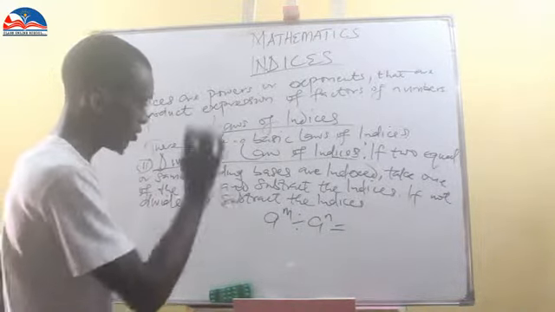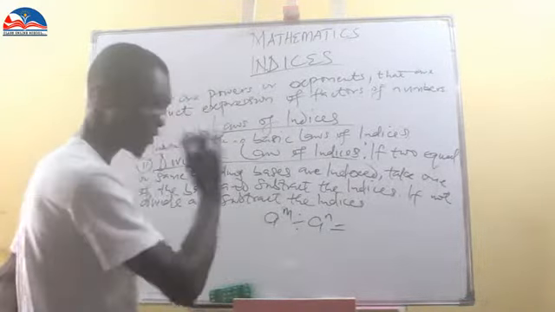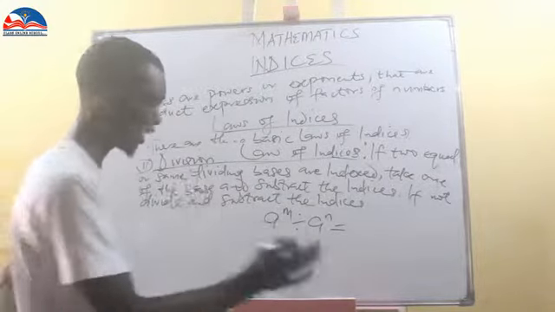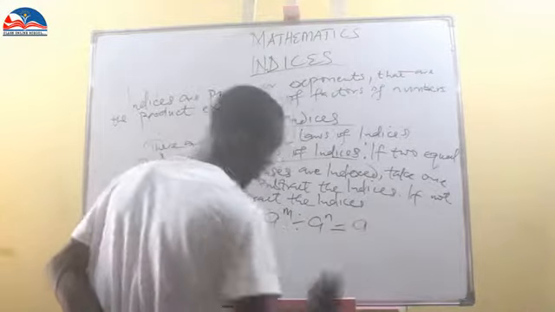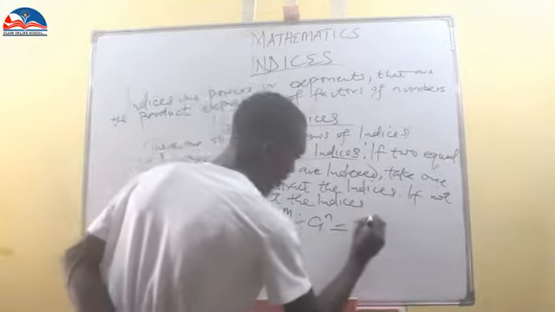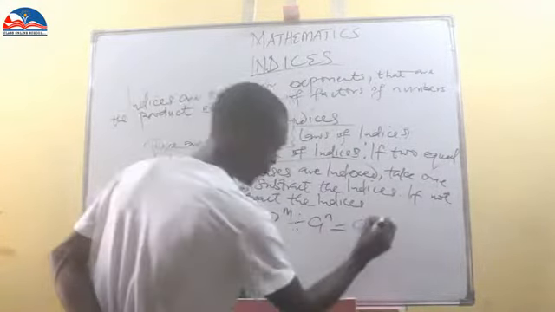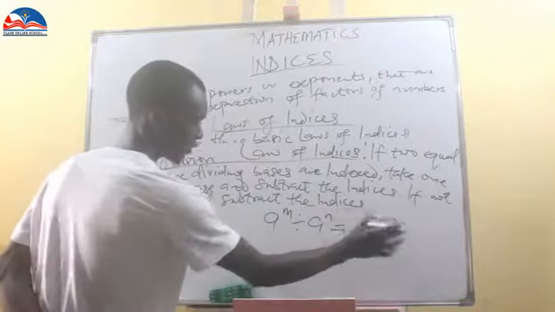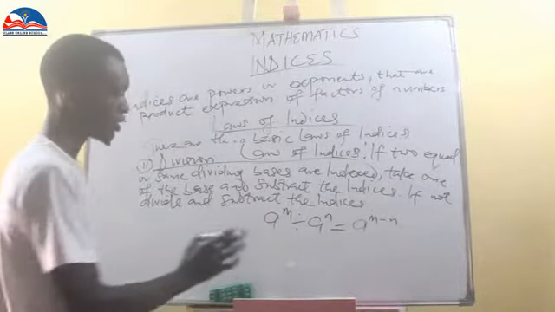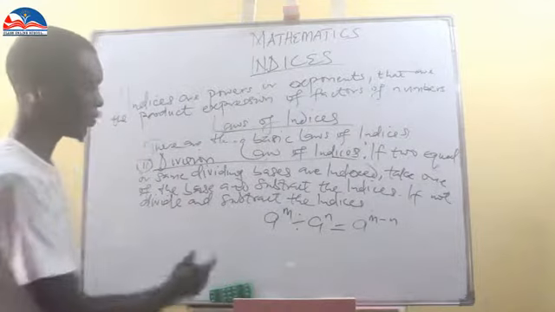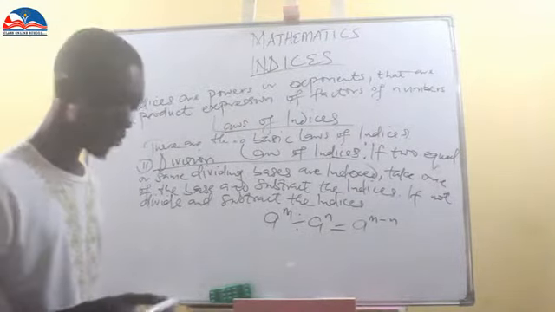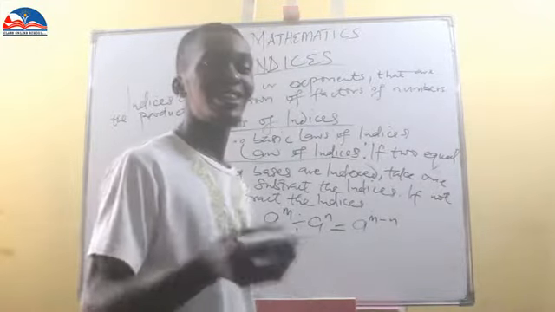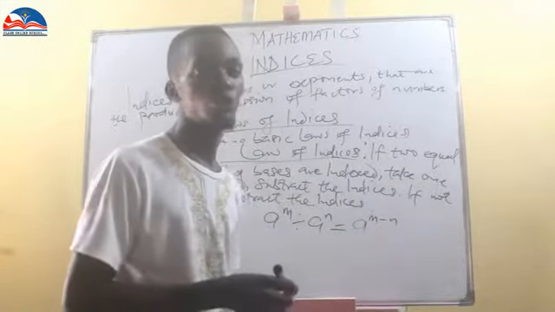Since the two bases are the same, the law holds that you should take one of the base, A index m minus n, and subtract the indices. So this is the law behind division. Now, the third law is what I call the double index law.